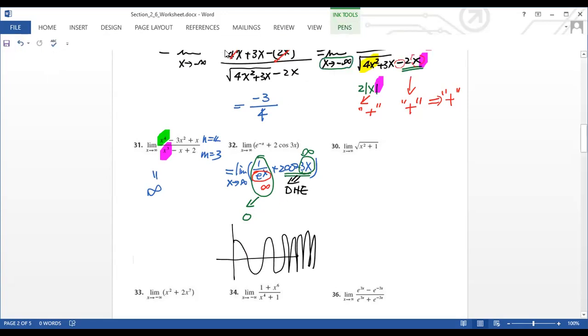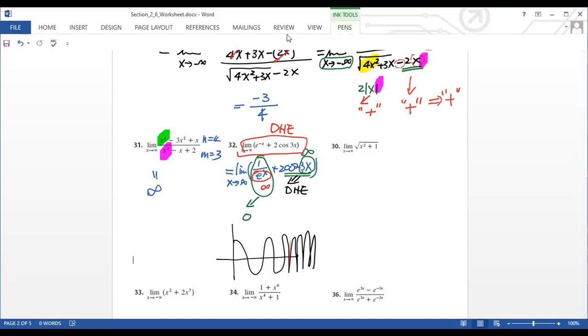So what is the final answer for this one? This one does not exist, right? Why? Because this one, 1 over infinity, is equal to 0, but plus this part, the cosine we talked about before, is going to jump up and down, right? So it does not exist. That is why we say the limit does not exist.